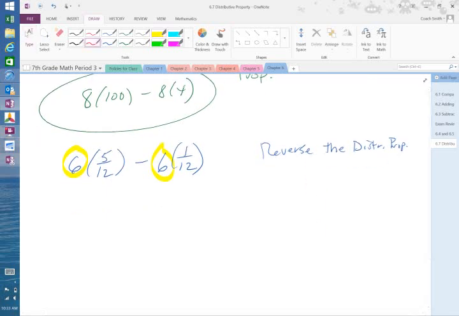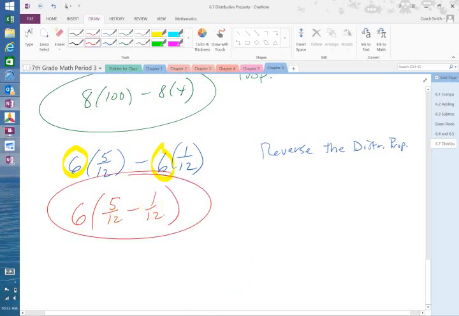So I can express this problem then as that. And that's my answer, because they want you to write an equivalent expression using the distributive property. But I did the distributive property in reverse. So that's reversing the distributive property.